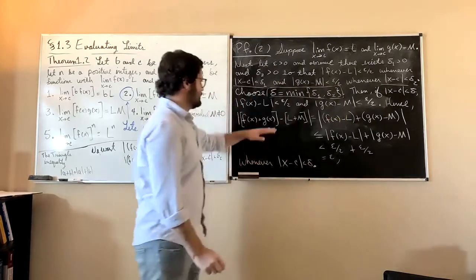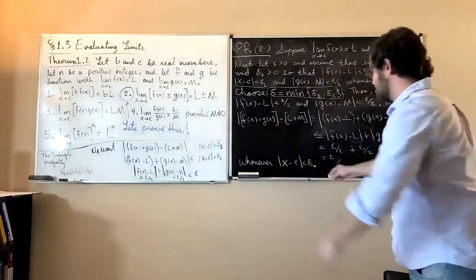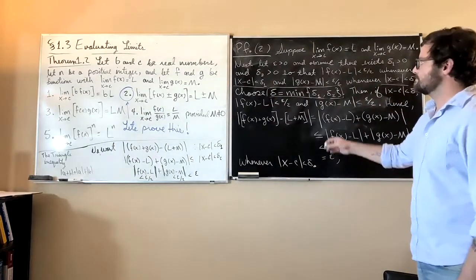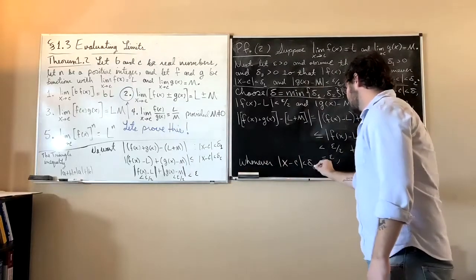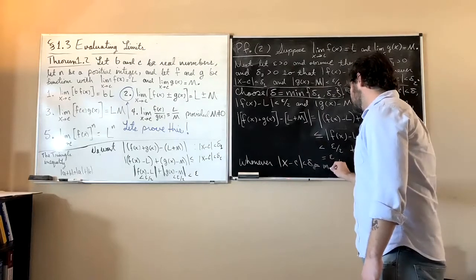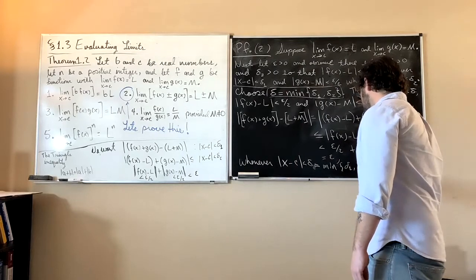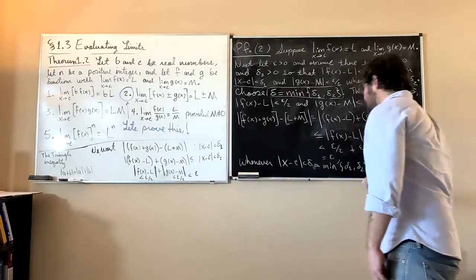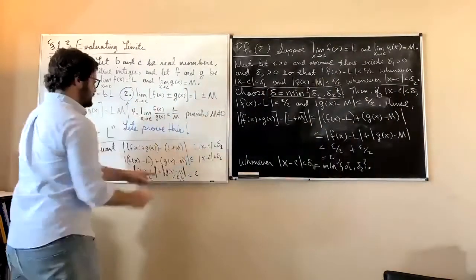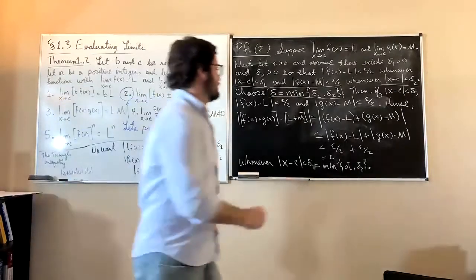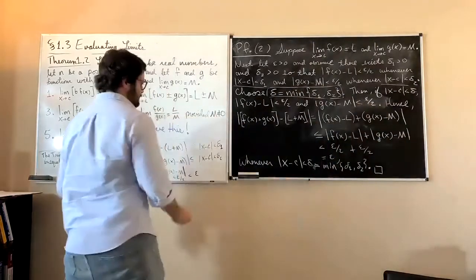So the sum minus the sum of the limits in absolute value is at most epsilon for any epsilon greater than 0 whenever x is in this interval. And just remember that that delta was the min of delta 1 and delta 2. Which means that we've shown that that is at most epsilon, which proves that statement.